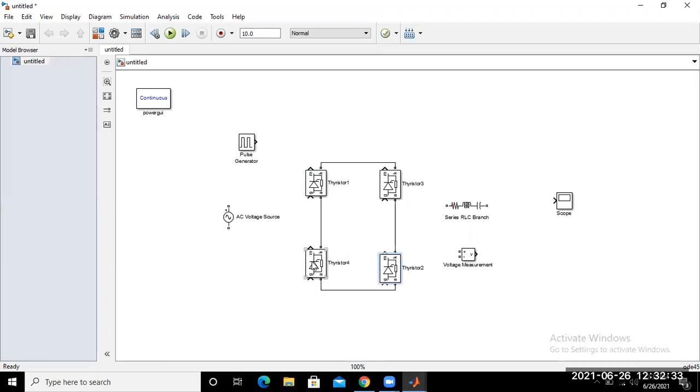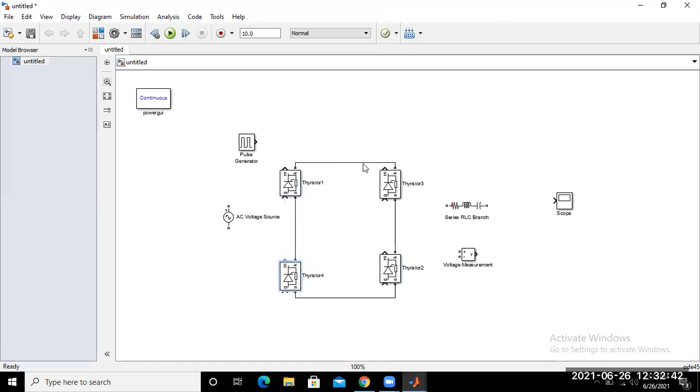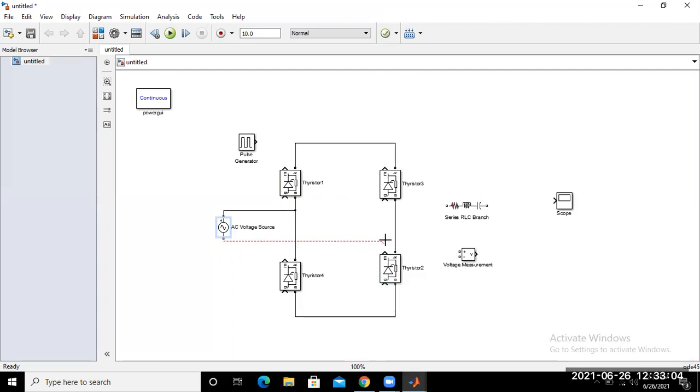Now you may operate in this manner. Now the load is connected with this controlled rectifier. That means first of all you just connect the voltage source, single phase AC voltage source, from this point to this point, and again this point to this point.